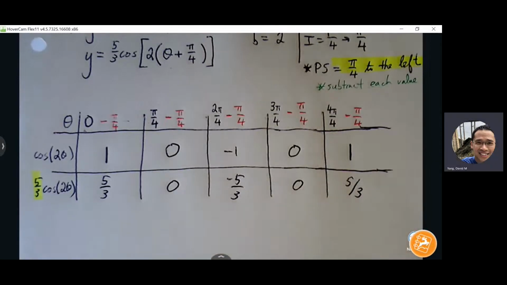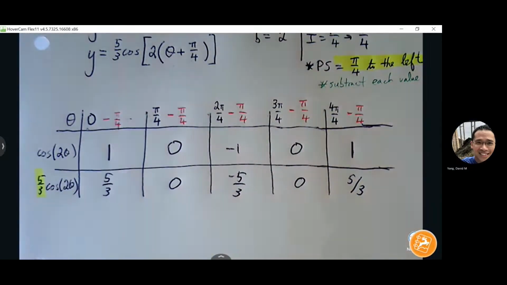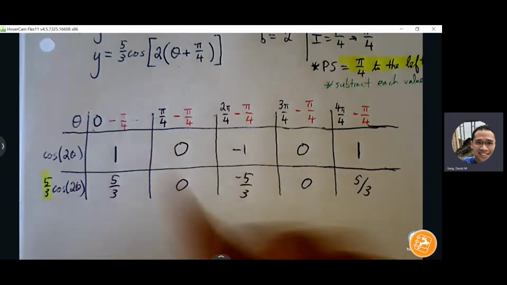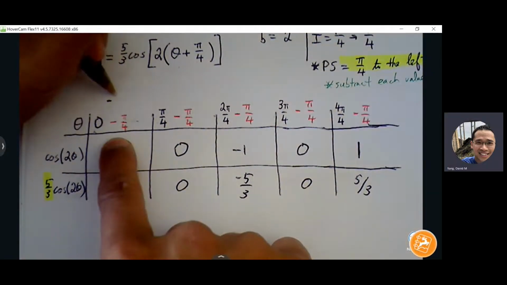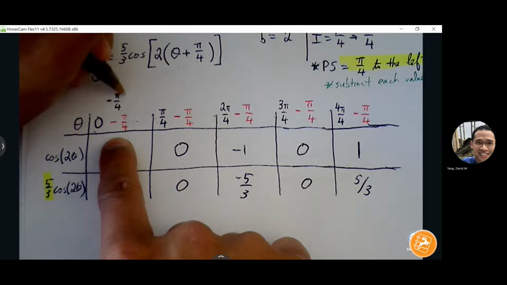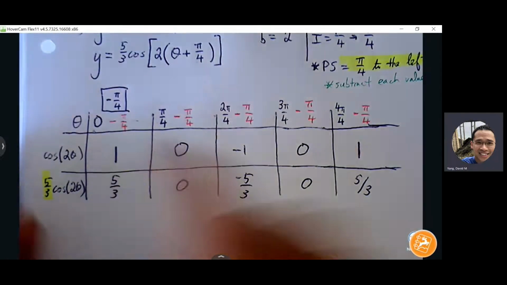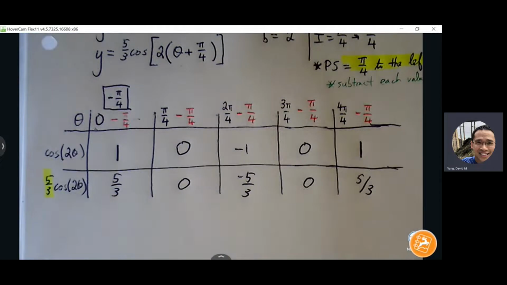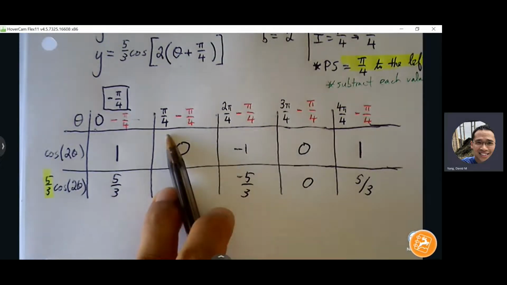So now let's find out what the new x values are, and let's put them in the space above. So what's 0 minus pi over 4? Negative pi over 4. Put a box around it because it's really the new x value that we're going to look at. What's pi over 4 minus pi over 4?